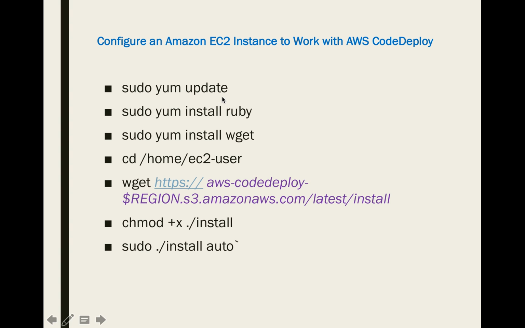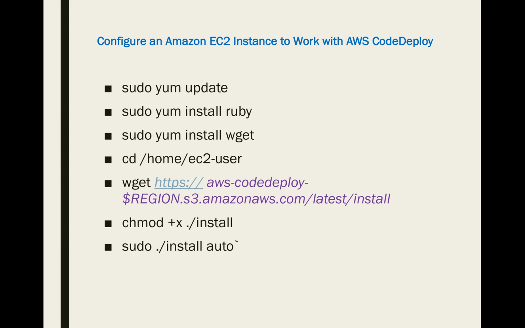Just do the yum update to ensure your instance is up to date, install Ruby, install the wget package, then go to the ec2-user home directory, and download the latest CodeDeploy agent from this URL. Basically, the $region is the region where you are trying to install the EC2 instance.